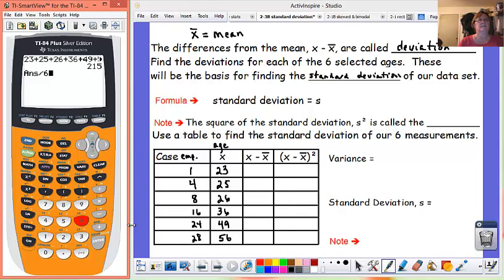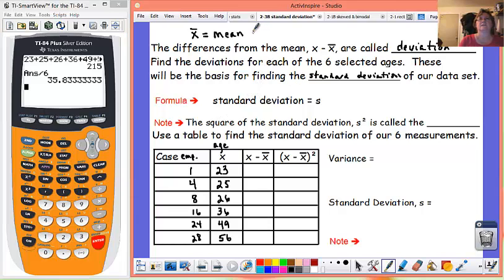All right, let's see what that is. 35.8. So for our data set, our mean is approximately 35.8. So I should probably have squiggles instead of an equals.